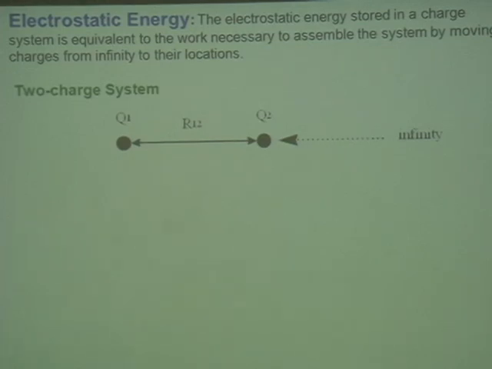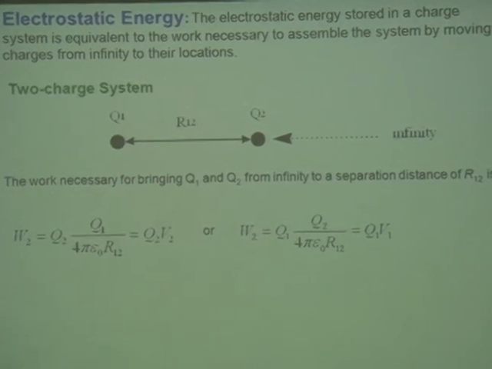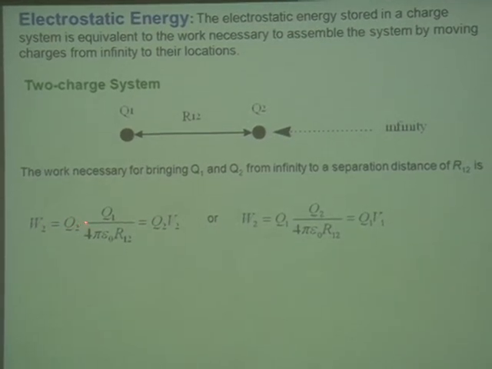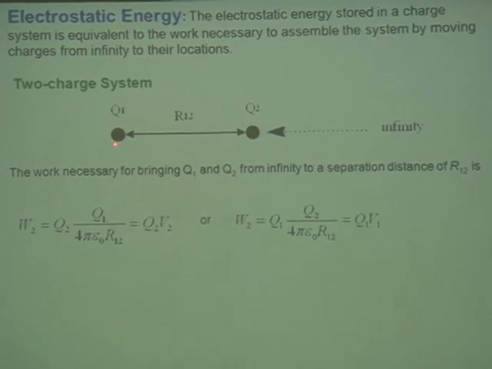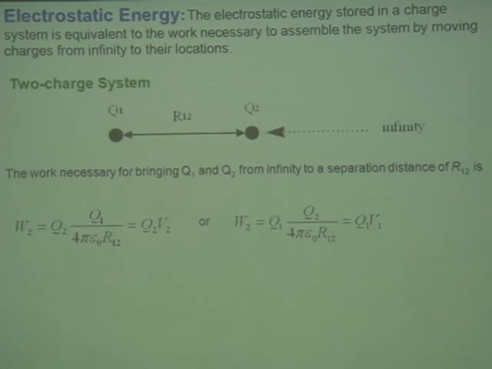Because this energy, you can easily calculate with the concept of the electric potential. The work required for you to take Q2 to a distance R12 from Q1 is this big. Q2 V2.